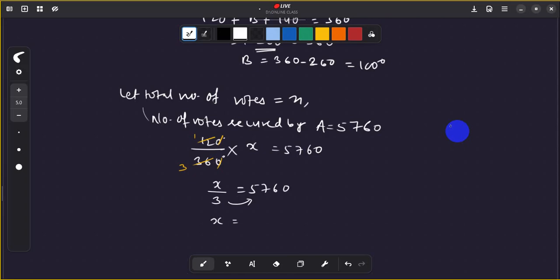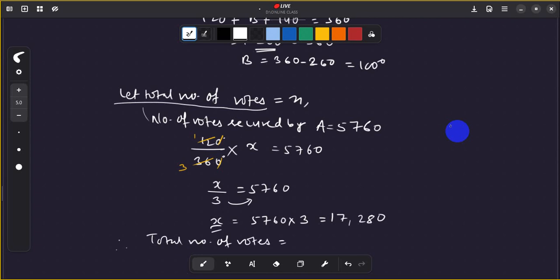We will get x equals 5760 times 3, which is 17,280. Now x means the total number of boards. Therefore, the total number of boards equals 17,280. This is the answer.